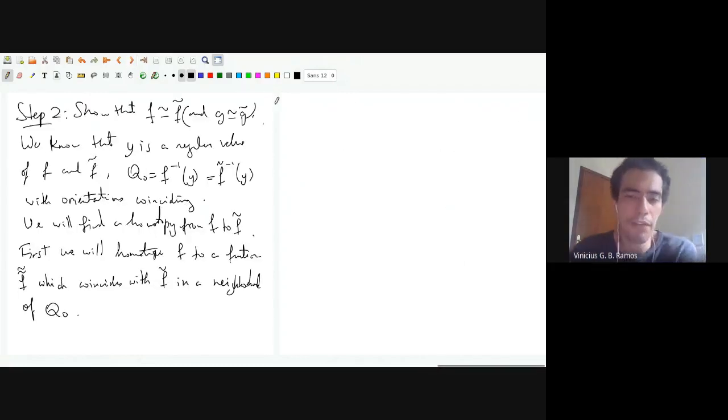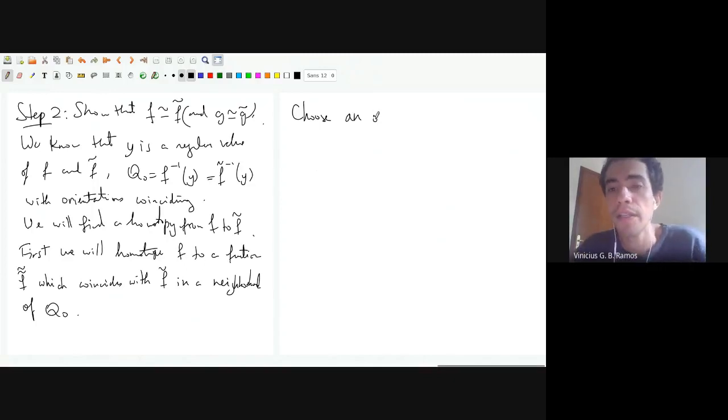So I first choose an embedding, or I choose an orientation preserving embedding. This is actually a little easier than the previous one. I'm just going to use the tubular neighborhood theorem for q0. So this is just a bunch of oriented points.